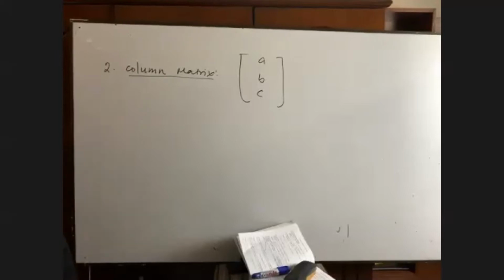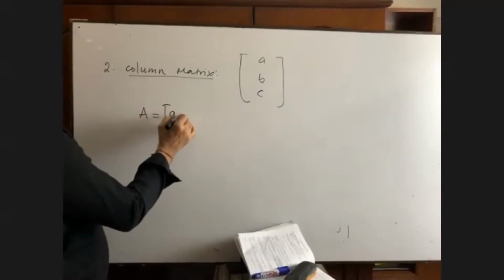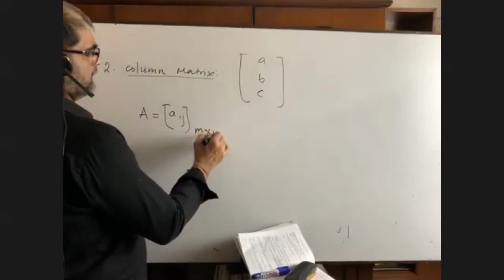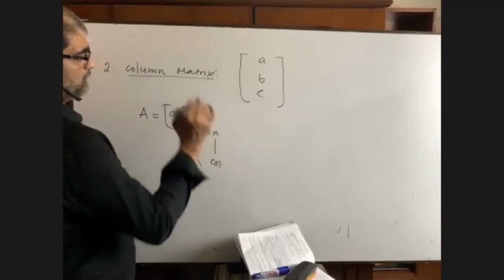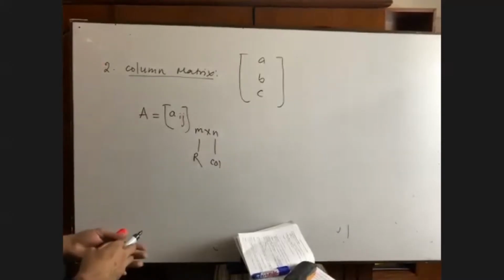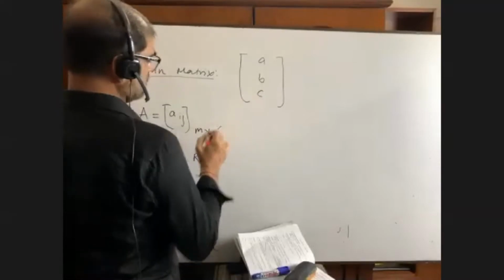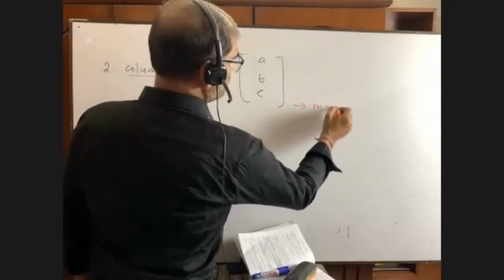Normally, we know a matrix is like this, A i j, that is M into N, where M is rows and N is columns. But for a column matrix, we get only one column, so the order is M into 1.